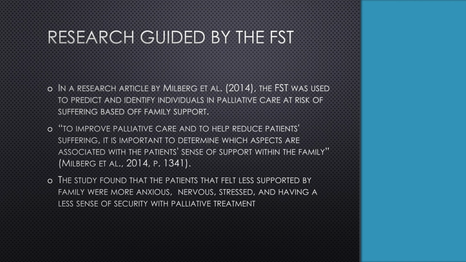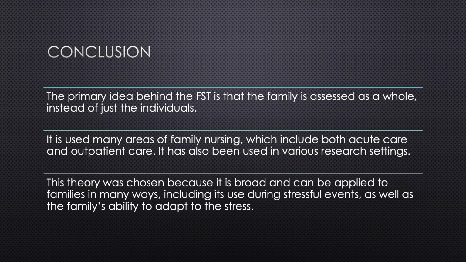So in conclusion, just to summarize, the primary idea behind the family systems theory is that the family is assessed as a whole instead of just the individuals. It's used in many areas of nursing, which include both acute care and outpatient care. And it has also been used in various research settings as well.